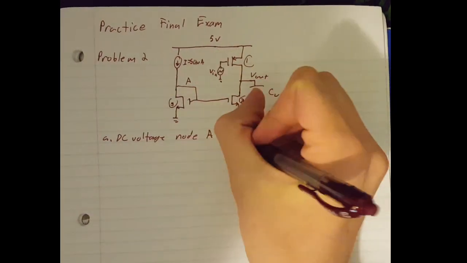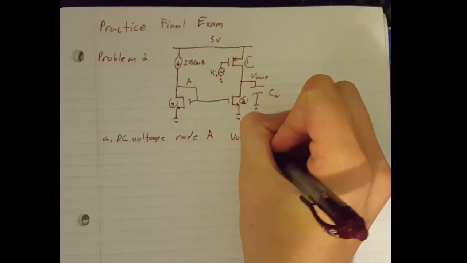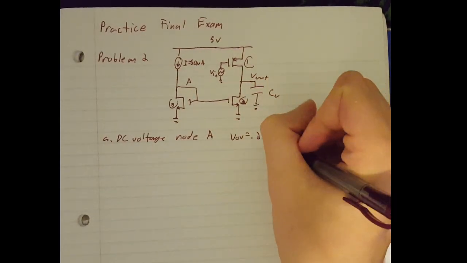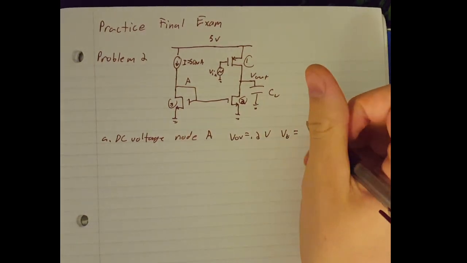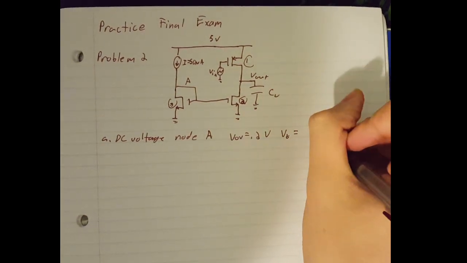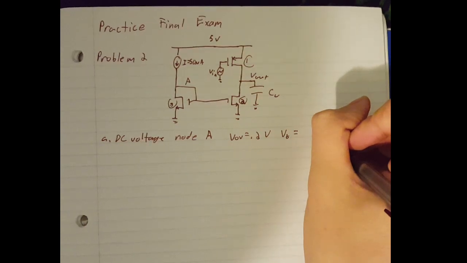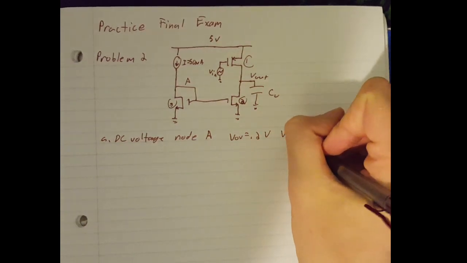And we're given V over equals 0.2 volts and V threshold equals 0.8 volts for VTN.